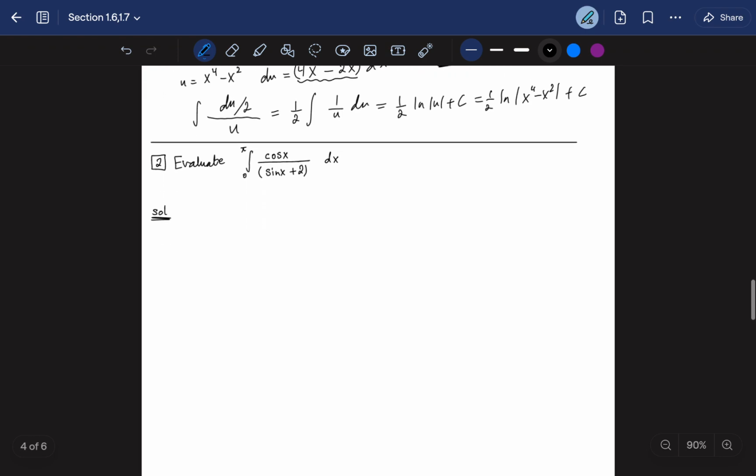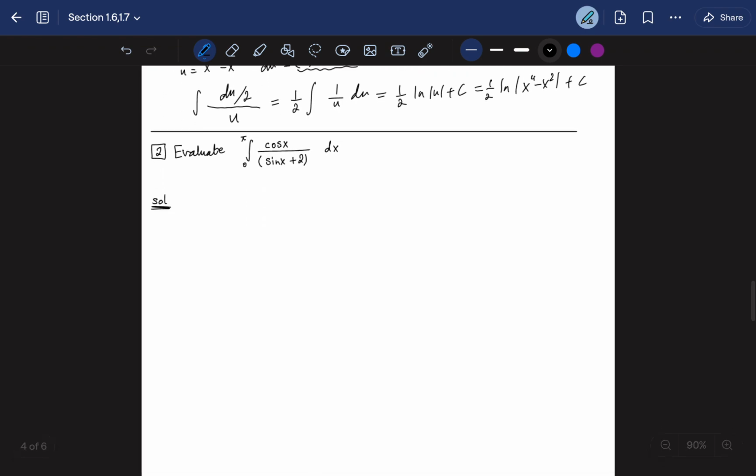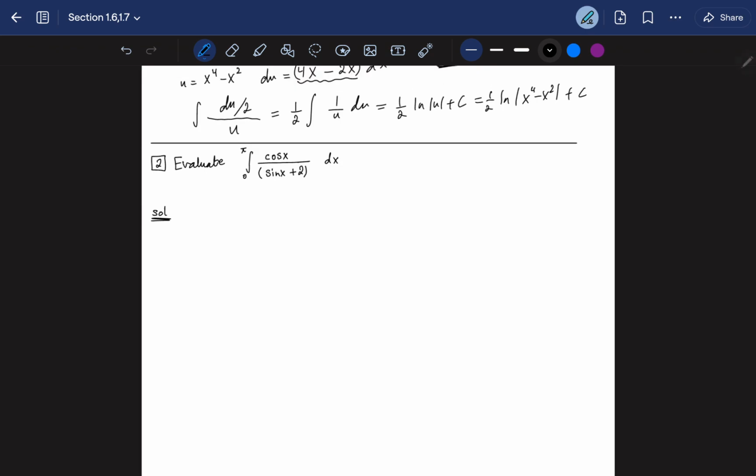Now let's try to evaluate this definite integral. Here again, we either want to substitute the numerator or the denominator. So if you take the numerator, for example, you're going to get negative sine of x. Although I have a sine of x here, I have a 2 added to that sine.